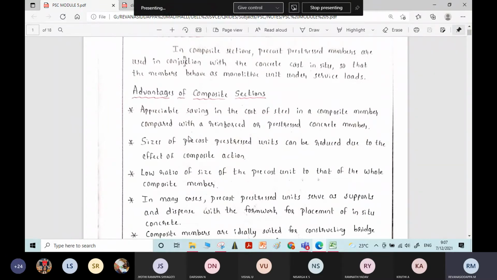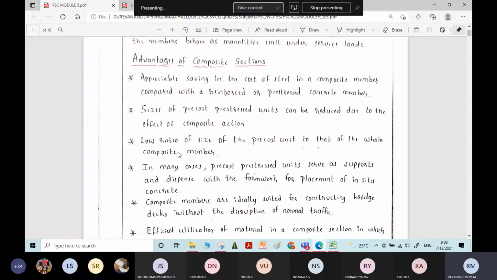The size of the precast pre-stressed units can be reduced, because if you go fully for pre-stressed concrete units, then obviously you need higher sizes. Because of the composite section, the size of the precast elements is reduced, so the ratio of the size of the precast unit to the whole composite member will reduce. That is written in the next point.